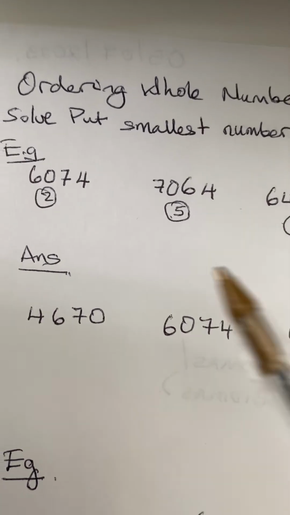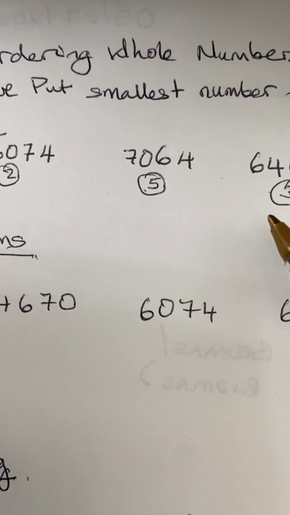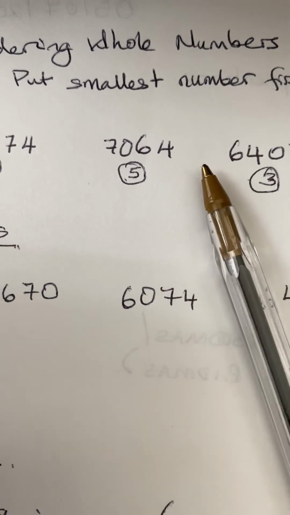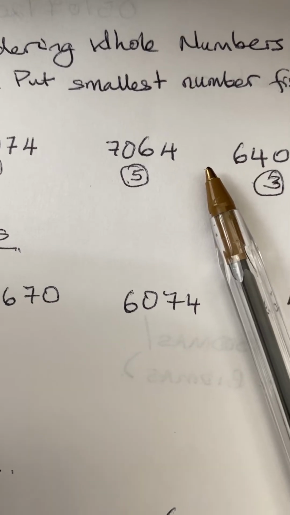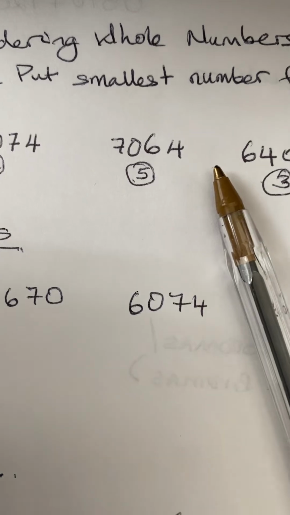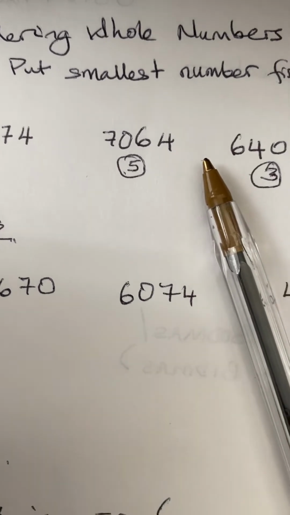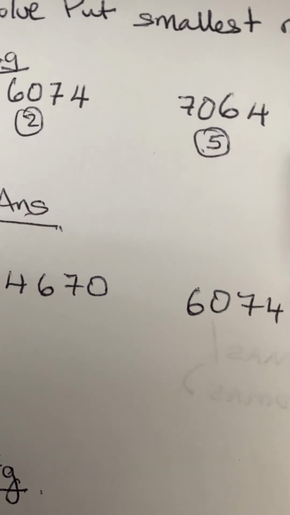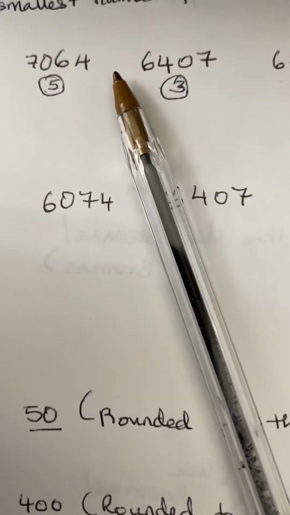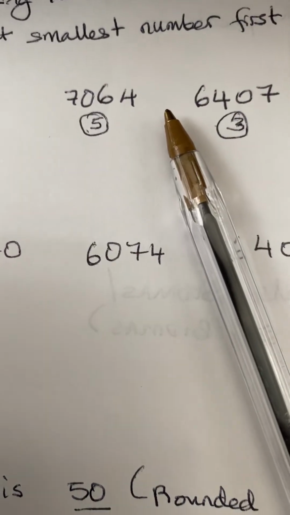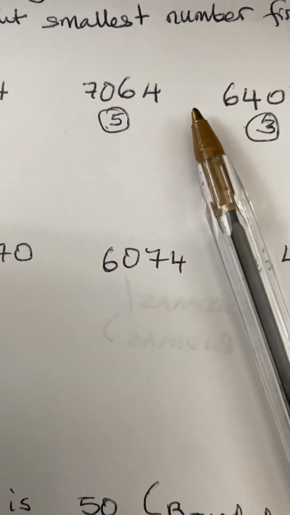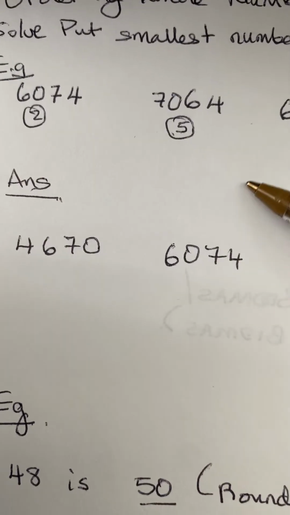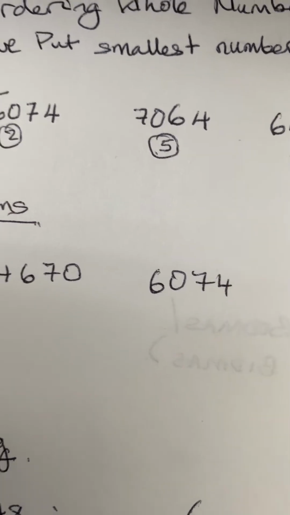They might give you numbers with the same 4 digits and ask you to order them, just to see how good you are. So now look at the numbers. They've given you 5 numbers. I think they've just swapped the digits around.